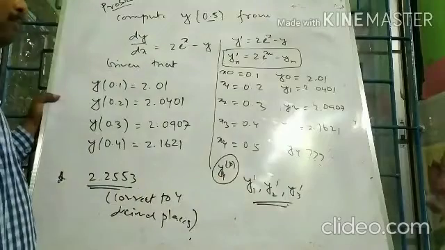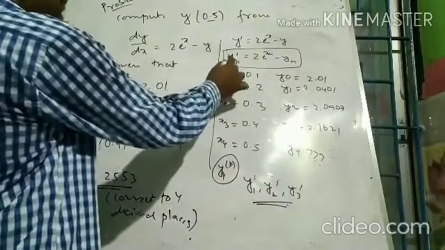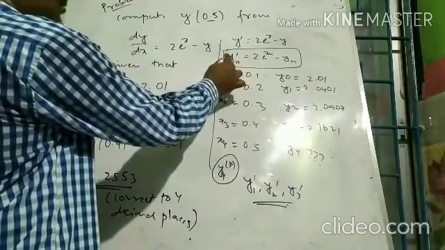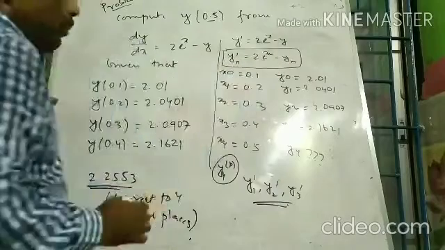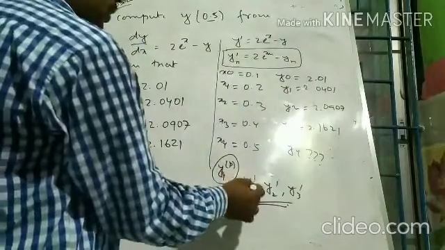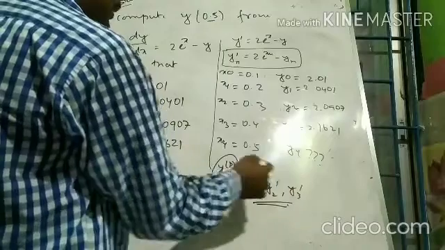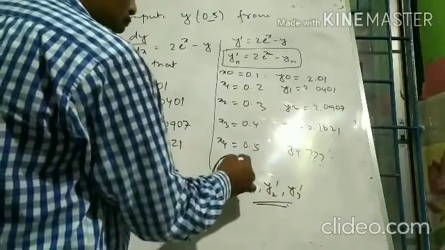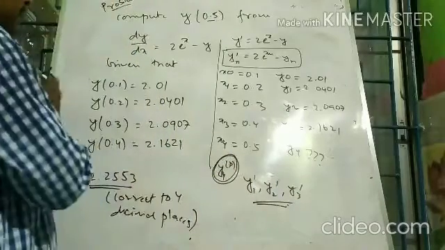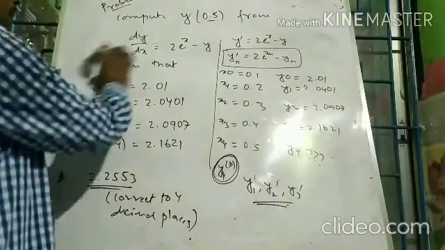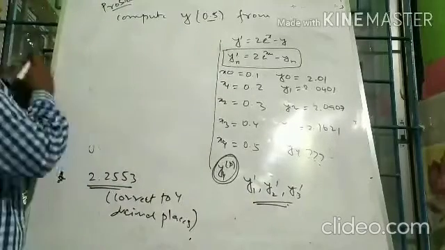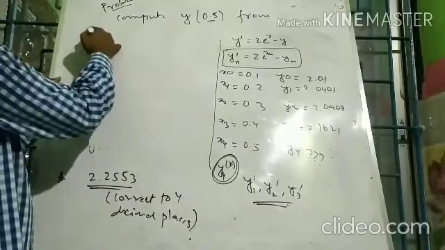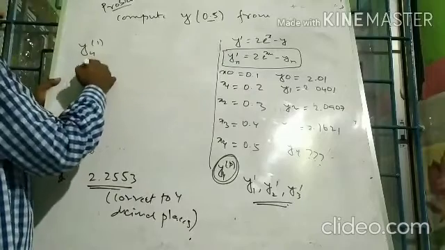What is yn prime? That is the first order derivative of y at the point xn, 2 into e to the power xn minus yn. Use y1 prime, y2 prime, y3 prime for finding the value of y4p. Then apply the corrector formula for finding y41, y42, like that.